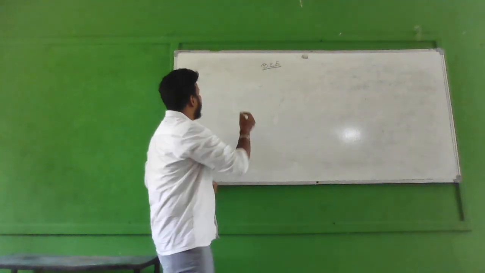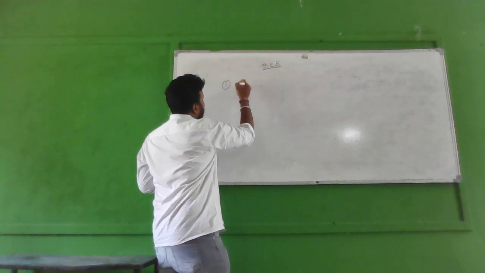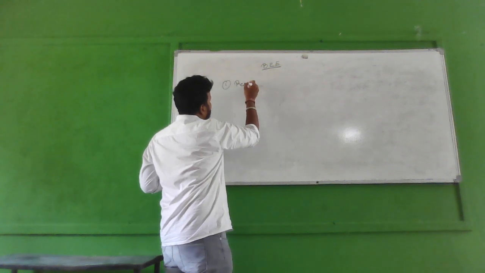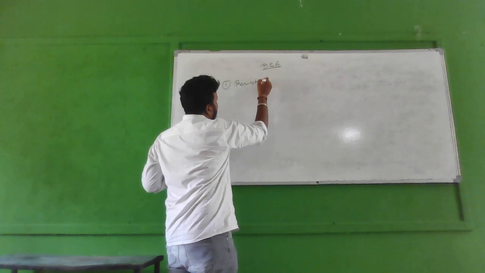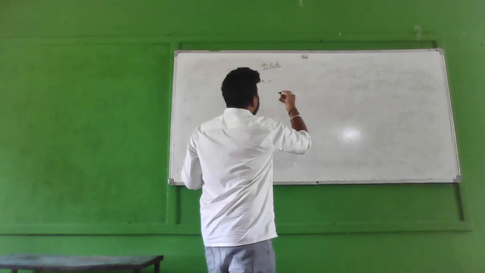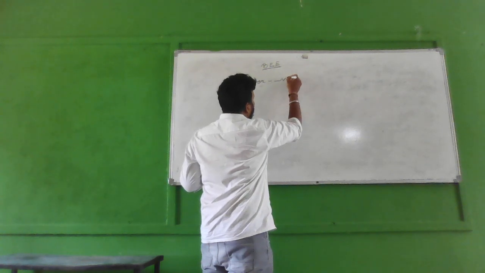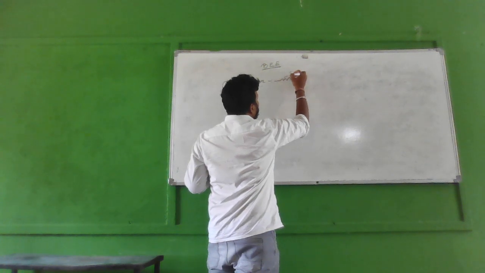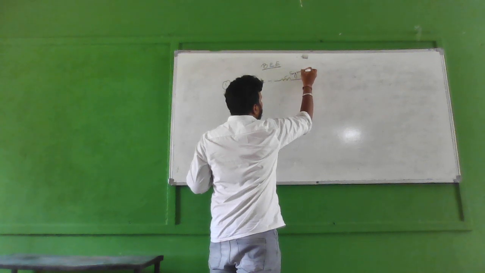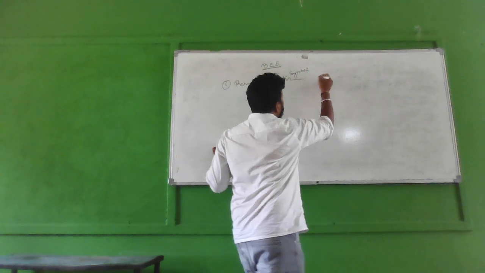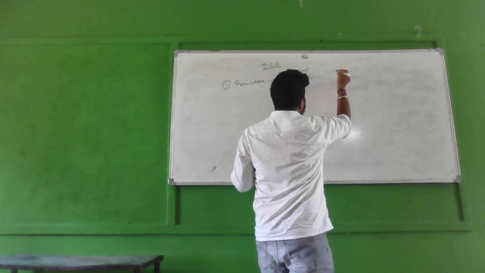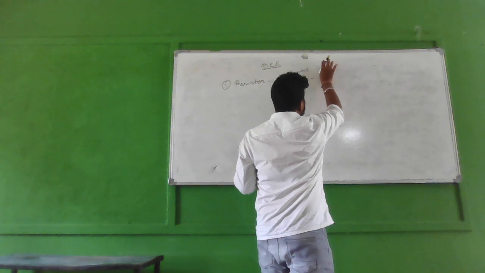So, first one, resistor. The symbol of resistor is shown, and the unit of resistance is, sorry, ohm.